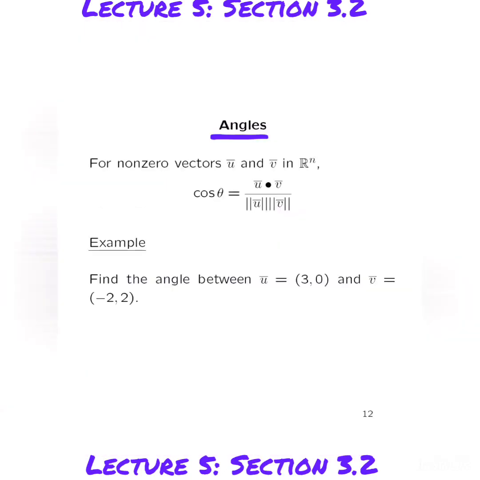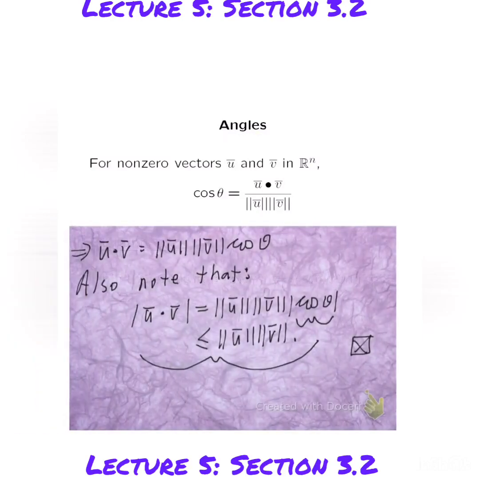All right, next we have angles. We already did derive this formula earlier in the lesson. If you have two vectors u and v in Rn, then the cosine of the angle between the two is simply the dot product between the two vectors divided by the product of the norms of the two vectors. So I'm just bringing up that slide.